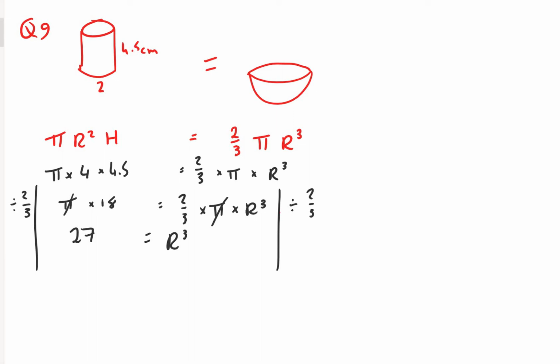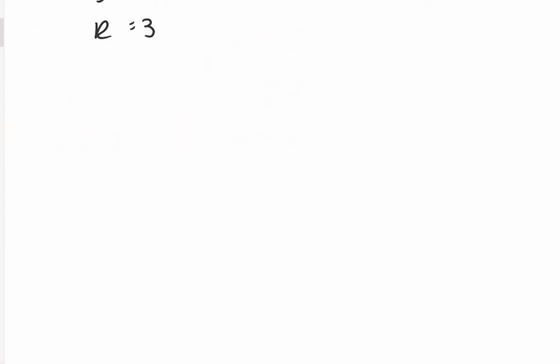So radius cubed is 27, so we need to get the cube root of this side, and then the cube root of this side. The cube root of radius cubed is just the radius, and the cube root of 27 is 3, so the radius is 3. Okay, that's question 9.